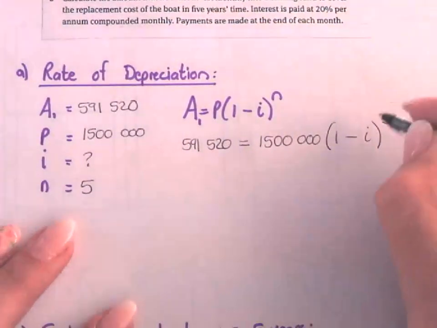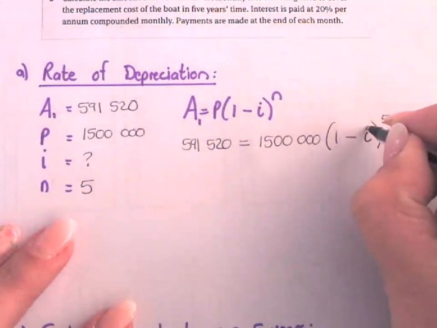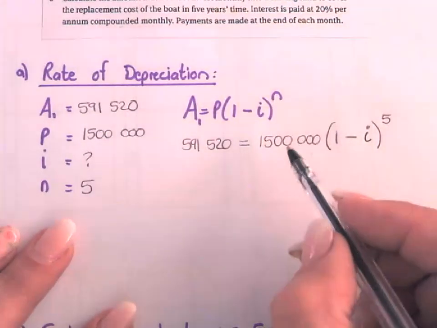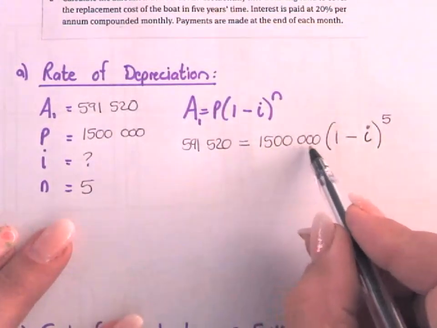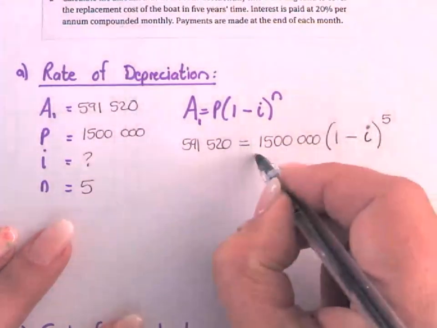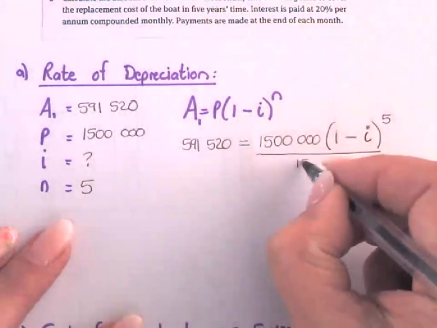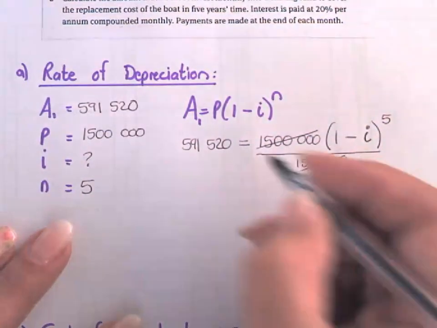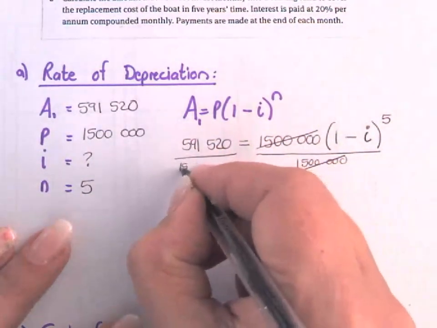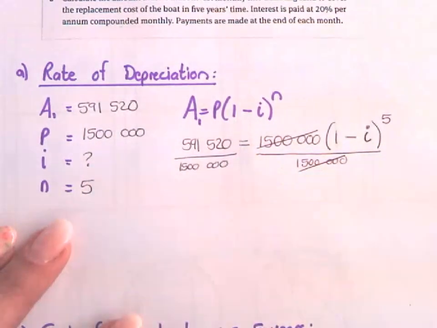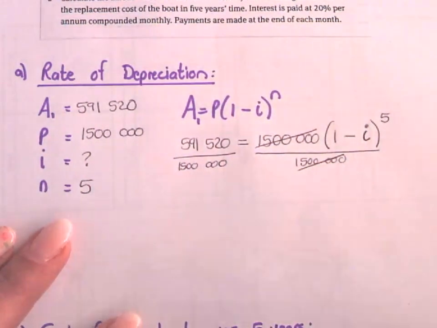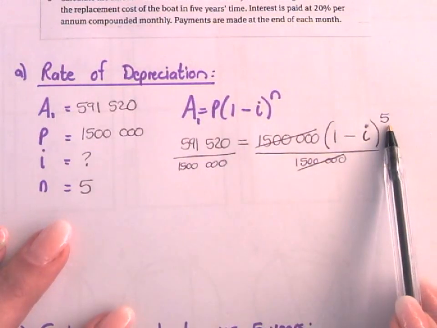Now we must solve for I. First, I'm going to divide by the 1.5 million on both sides so that they cancel out here. And then I want to get rid of the exponent 5.